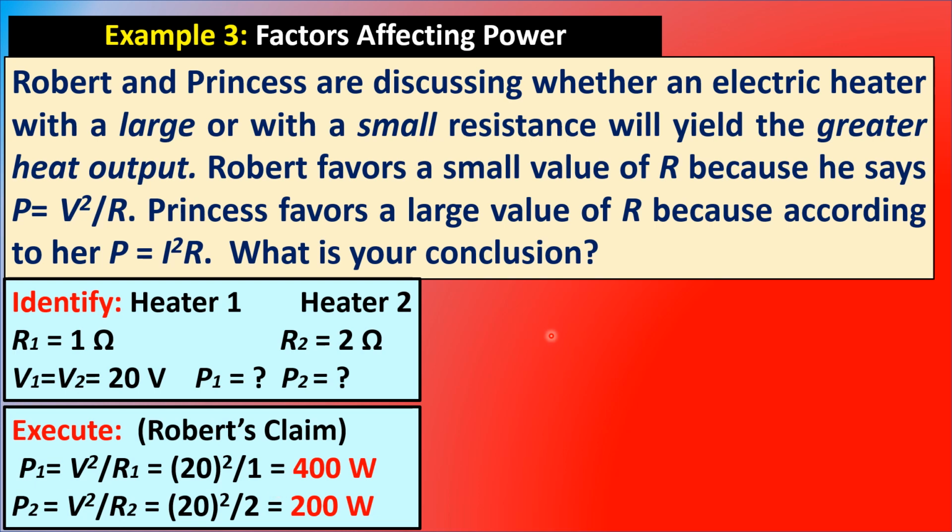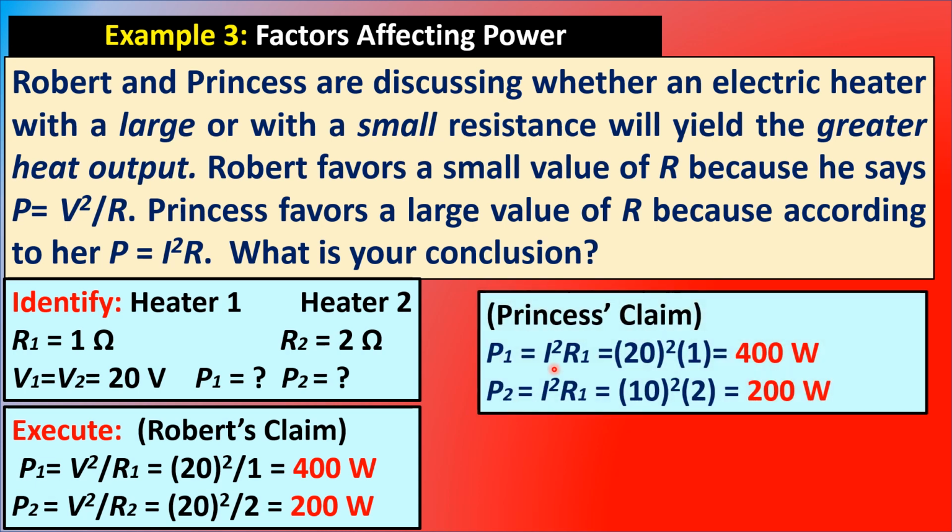Let's look at Princess's solution. For Princess, she uses the formula power is equal to I squared times the resistance. And using the two given values for the resistance, R1 and R2, the first heater also produces the same power of 400 watts, the same as what Robert's formula yielded. That's also true for the second heater, the same power output was produced, 200 watts.